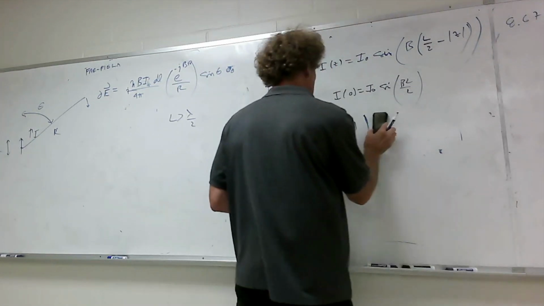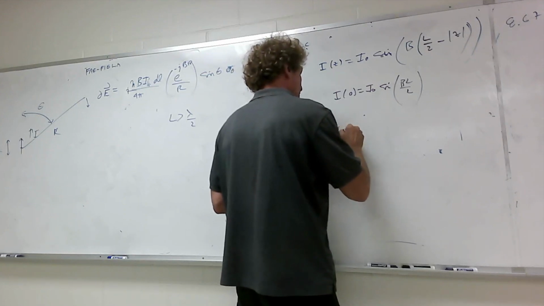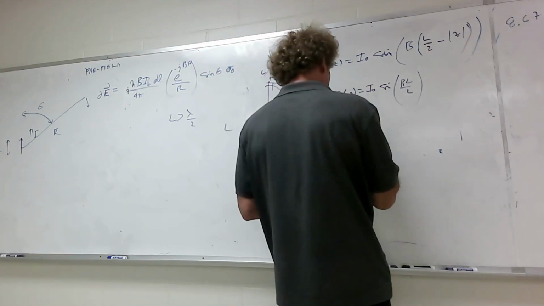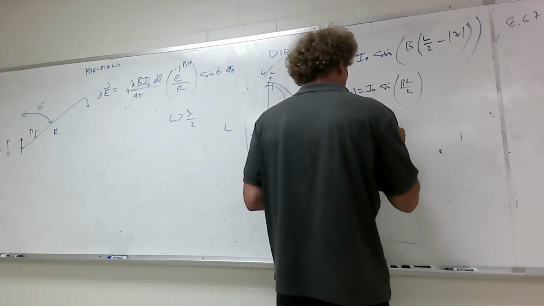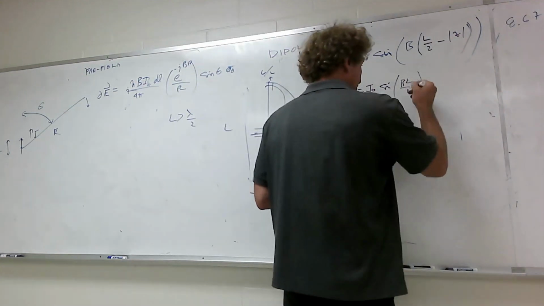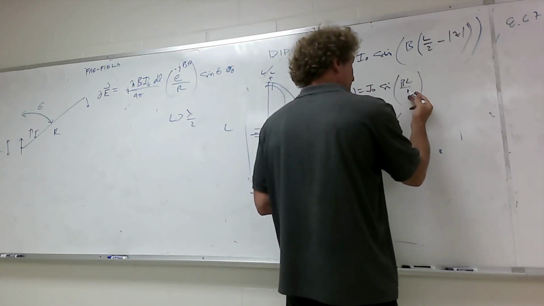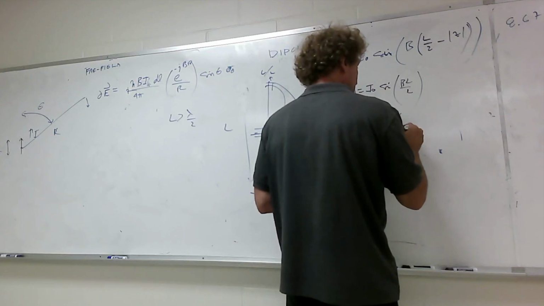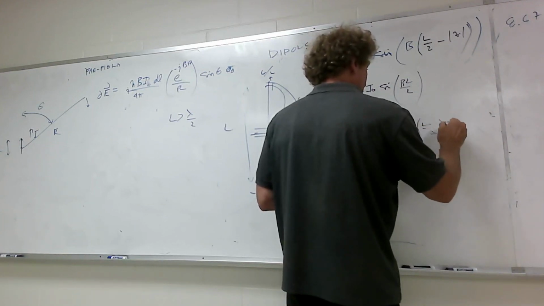So I at 0 would be I naught, a scalar variable, times the sine of pi times L over lambda, since beta is 2 pi over lambda and there's a 2 there.